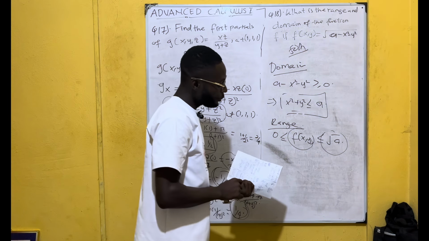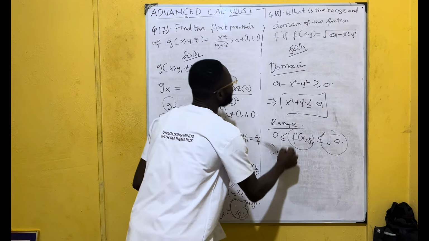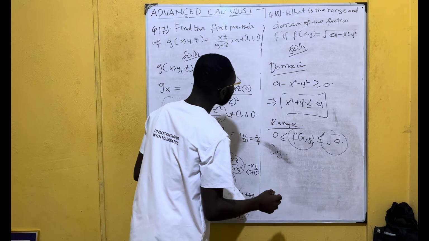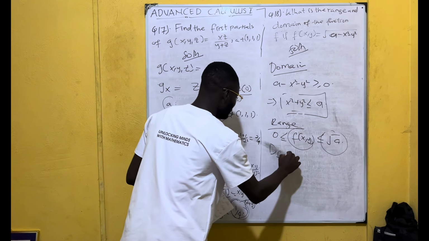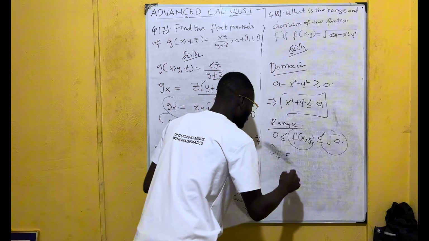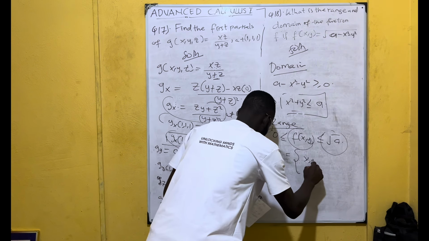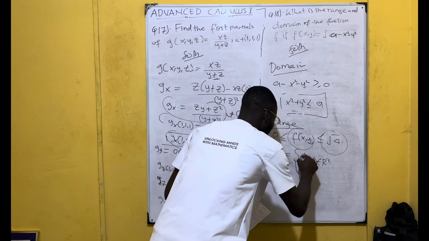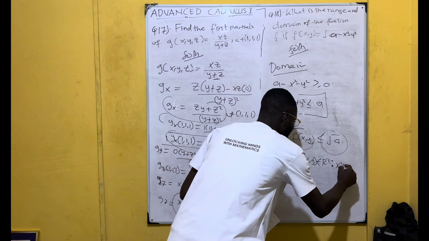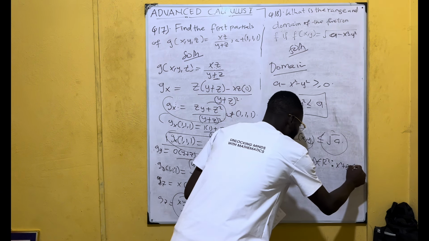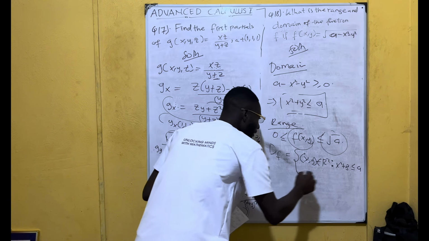So we can finally say that the domain of F is equal to (x, y) belonging to R squared, such that x squared plus y squared is less than or equal to a, right?